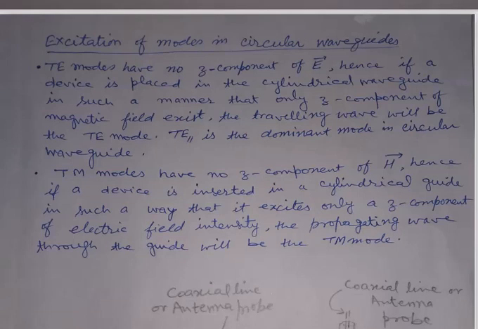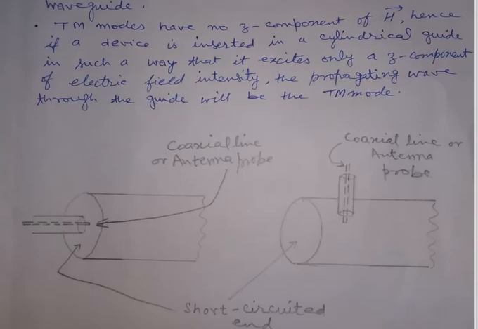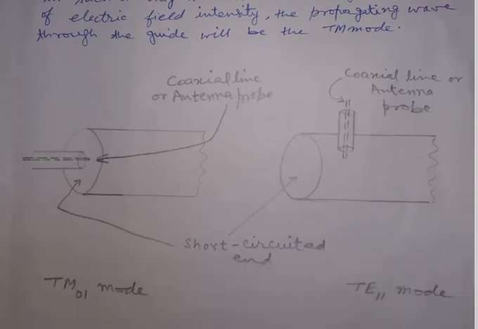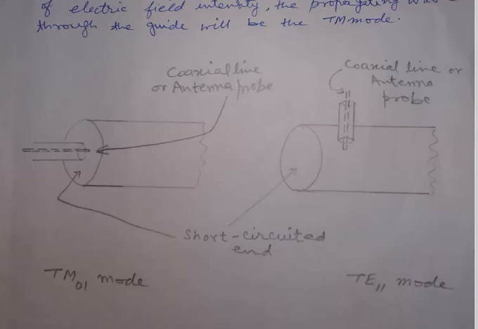So here, for the excitation of TM01 mode and TE11 mode, a coaxial line or antenna probe is inserted as shown in the figures for the cylindrical waveguide.